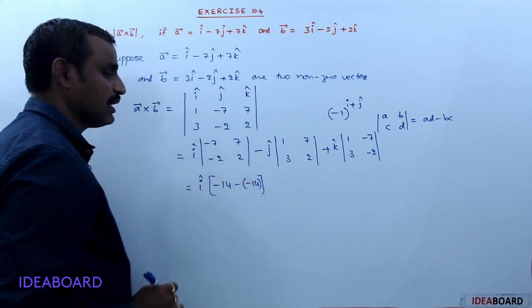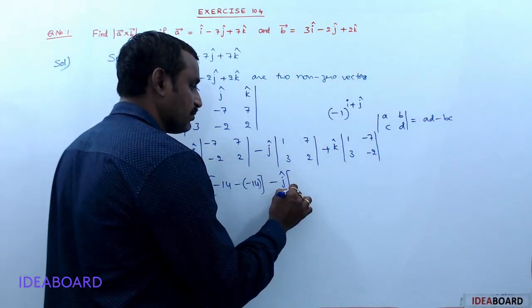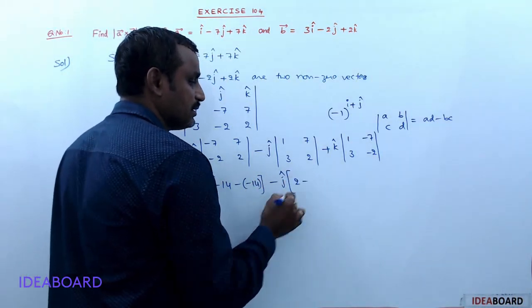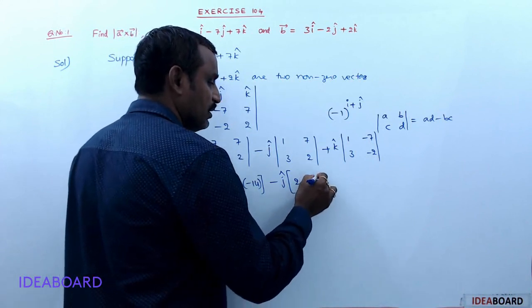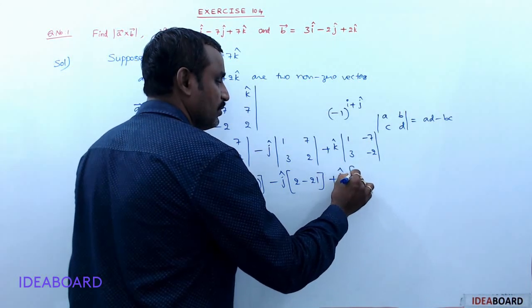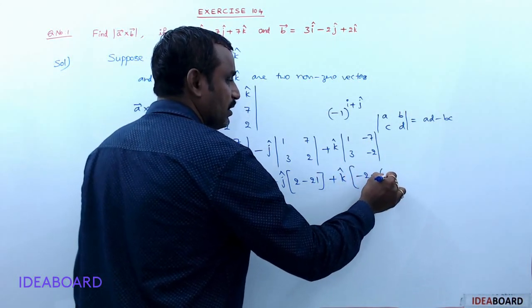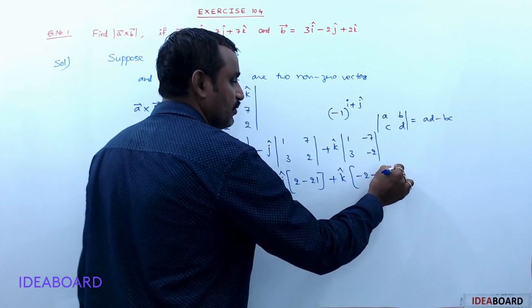So now this is the i coefficient. Next, minus j cap of 2 minus 21 plus k cap of AD value minus 2 minus of minus 21.